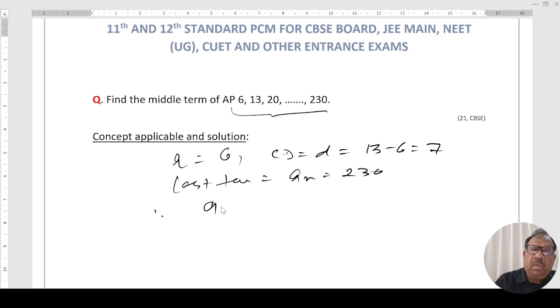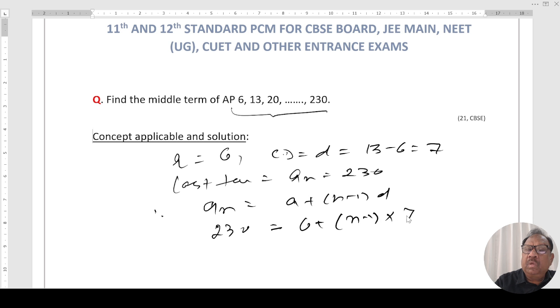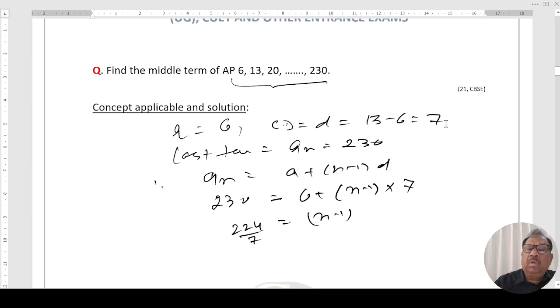Therefore, an formula is a plus n minus 1 into d. That is 230 equal to 6 plus n minus 1 into 7. So 224 equal to n minus 1 times 7. n comes out to be 33.